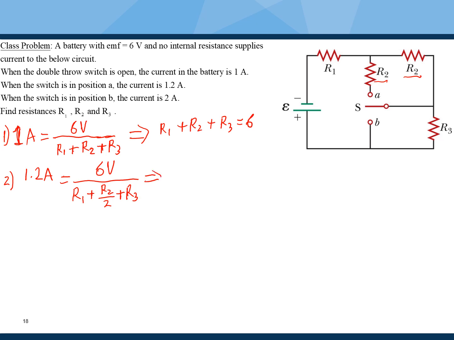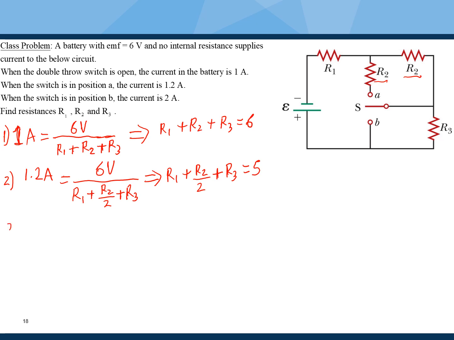That tells us that R1 plus R2 over 2 plus R3 is equal to 6 divided by 1.2, which turns out to be 5 ohms.